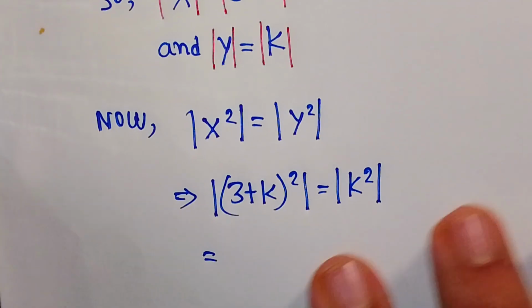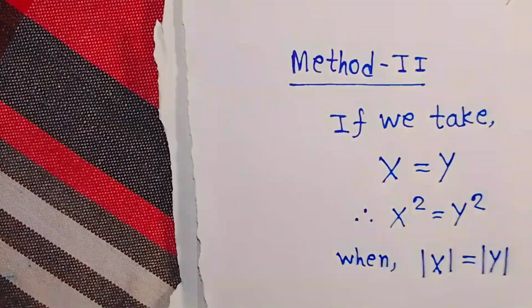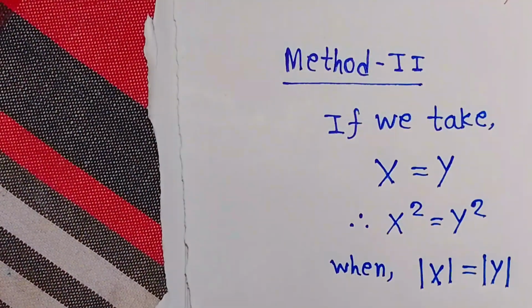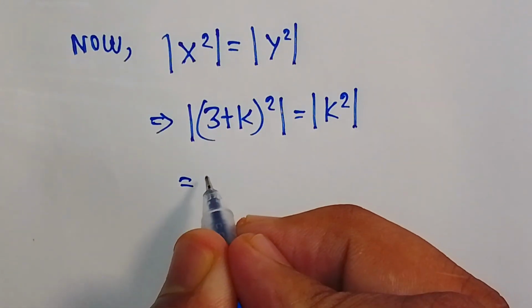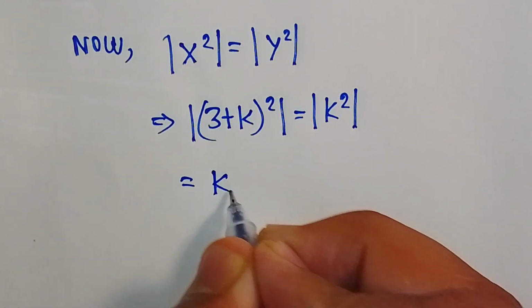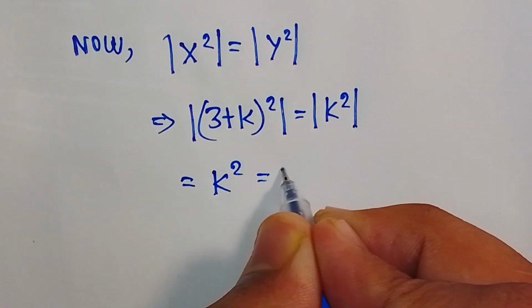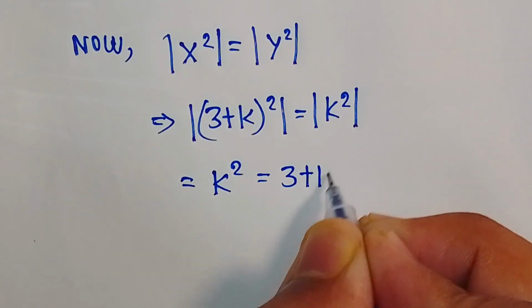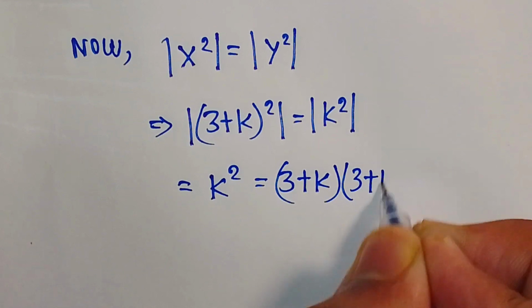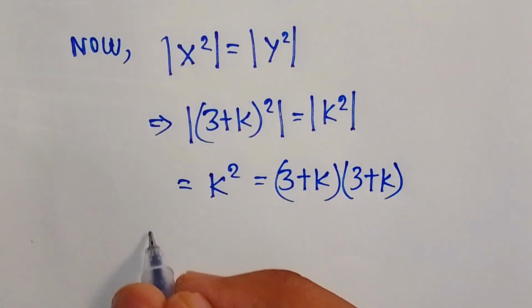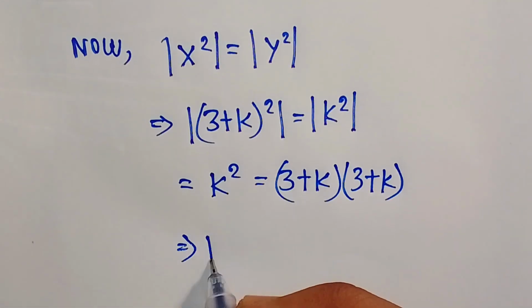Alright, now by applying mathematical terms, this k square is equal to 3 plus k whole square, as 3 plus k times 3 plus k.